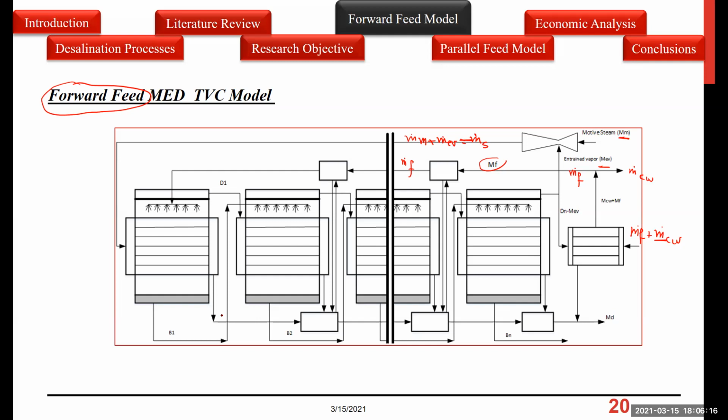So we're going to get m dot entrained vapor, and m dot motive is going to go back again to the power plant.